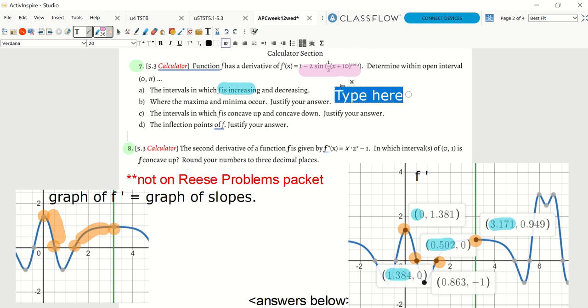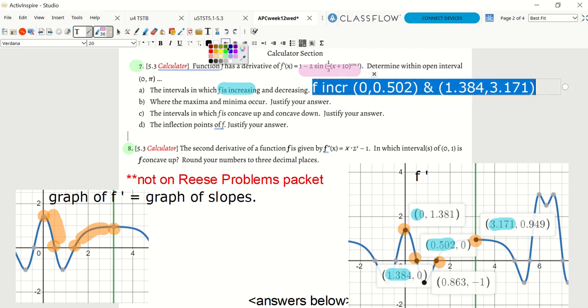So F is increasing in the interval 0 to 0.502, and then 1.384 to 3.171, okay? And then F is decreasing, okay?